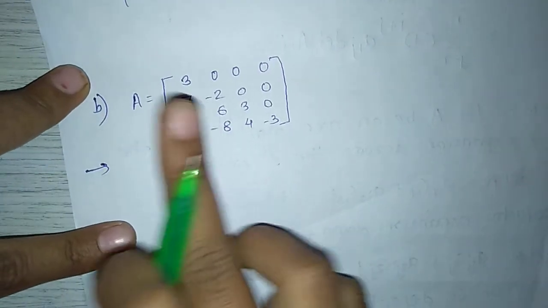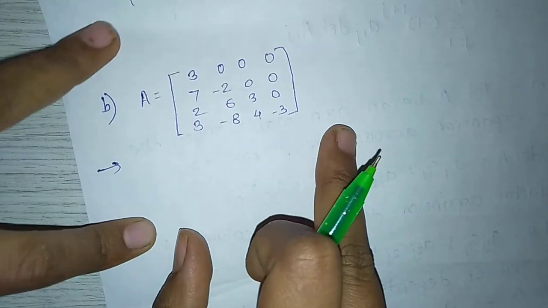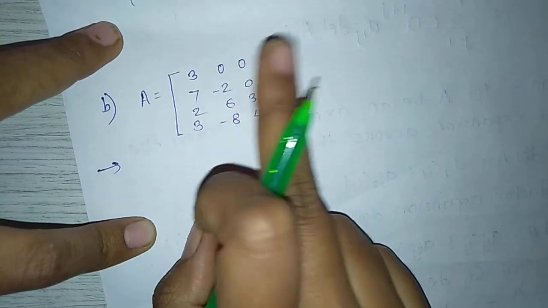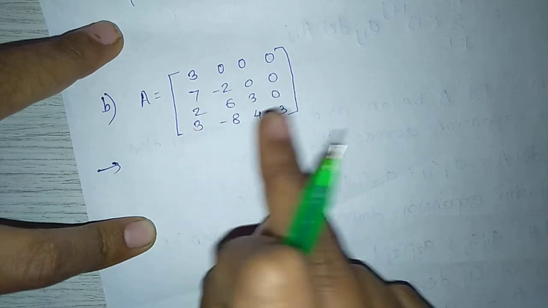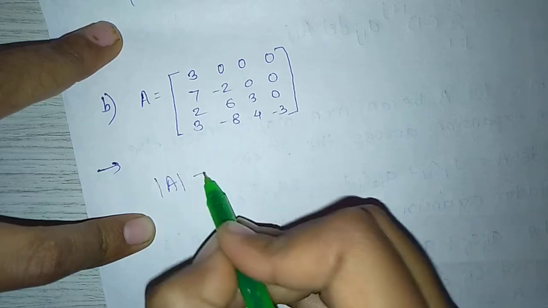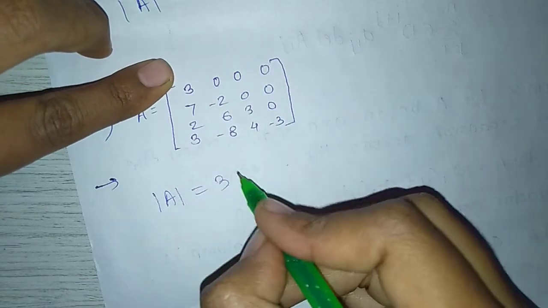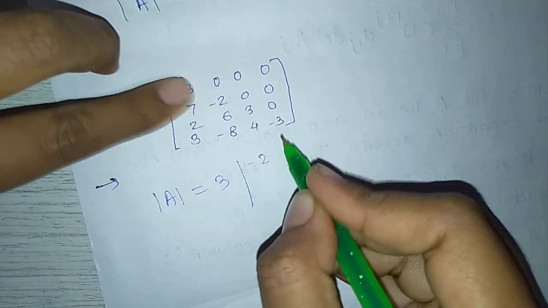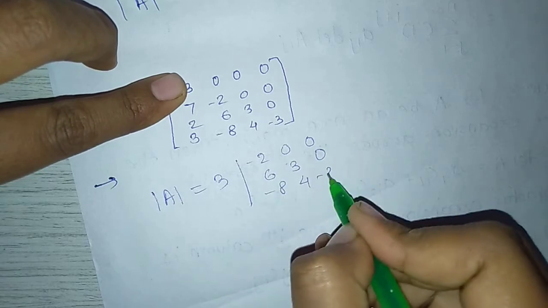Next, find the determinant of A, where A is a 4 by 4 matrix with entries 3 0 0 0, 7 minus 2 0 0, 2 6 3 0, 3 minus 8 4 minus 3. So determinant of A equals 3, deleting first row and first column, remaining terms minus 2 0 0, 6 3 0, minus 8 4 minus 3.